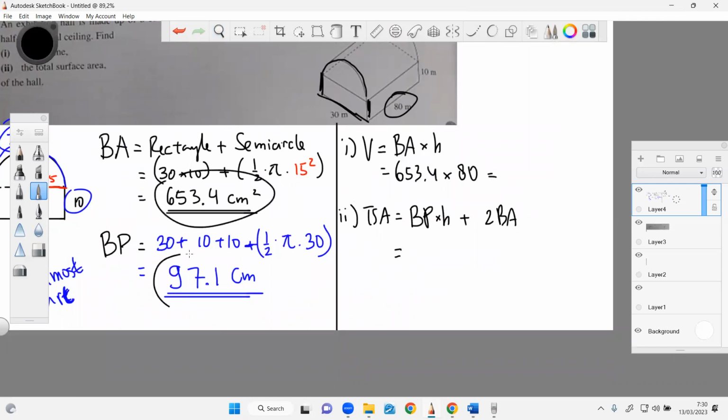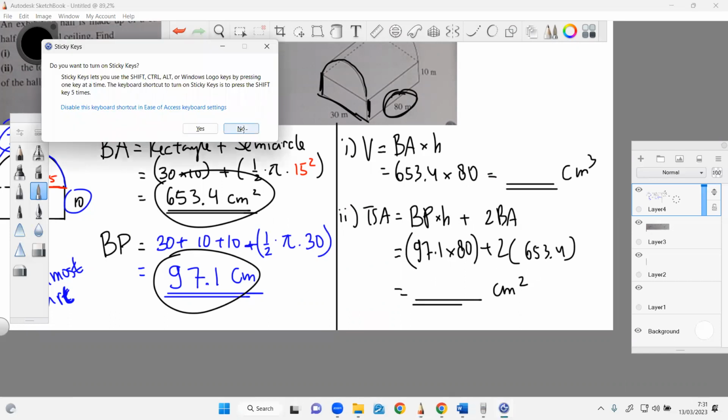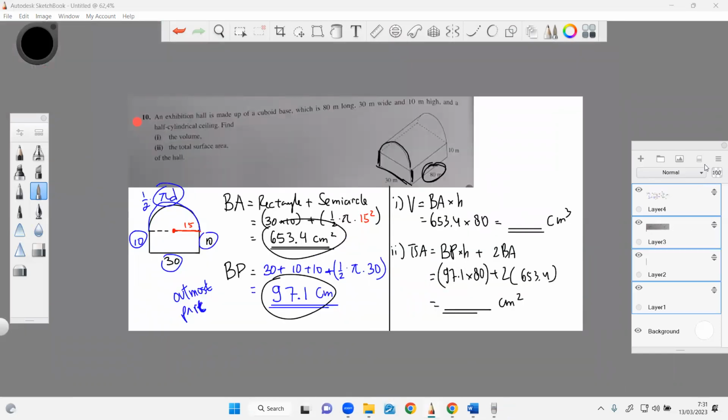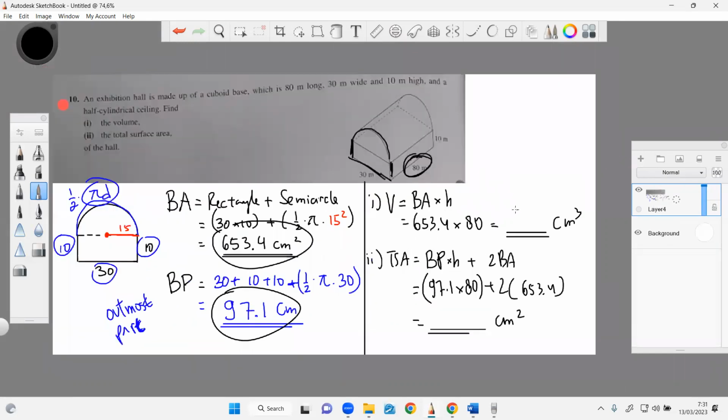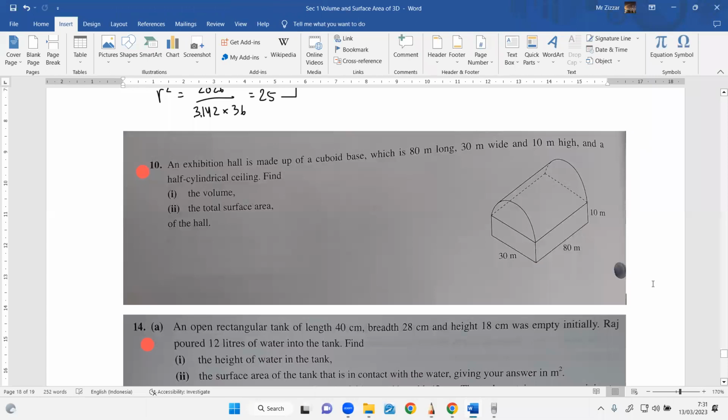Just insert 97.1 times 80, the height is 80, and then plus 2 times 653.4, and you get the number in cm squared. Do your own calculation, okay? I will skip the answer because we have so many questions to do.